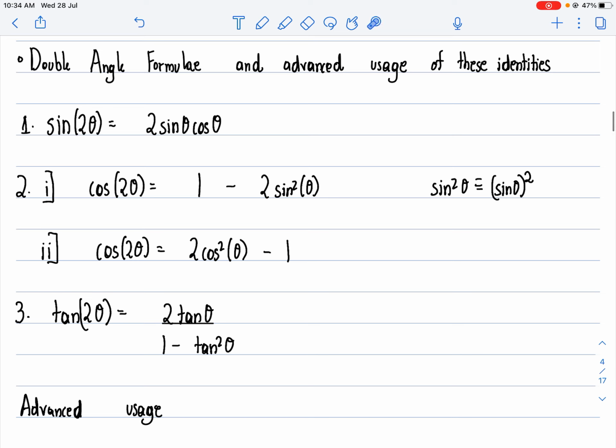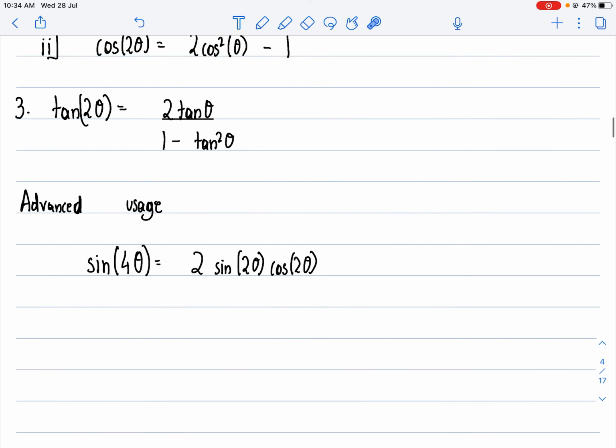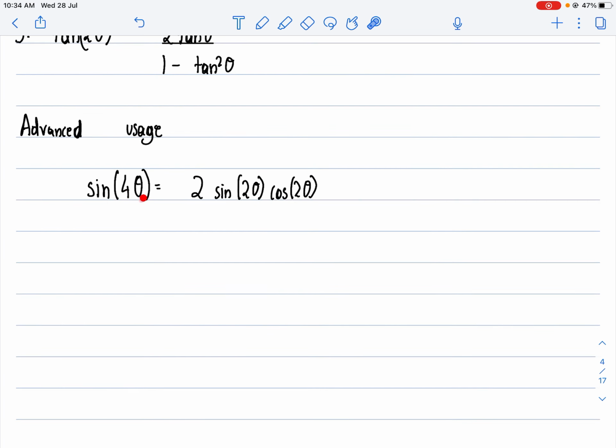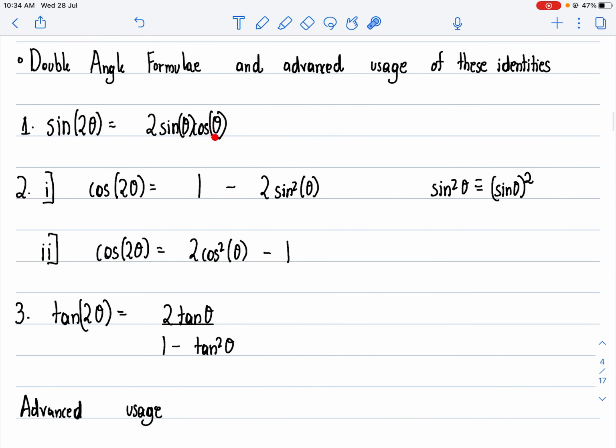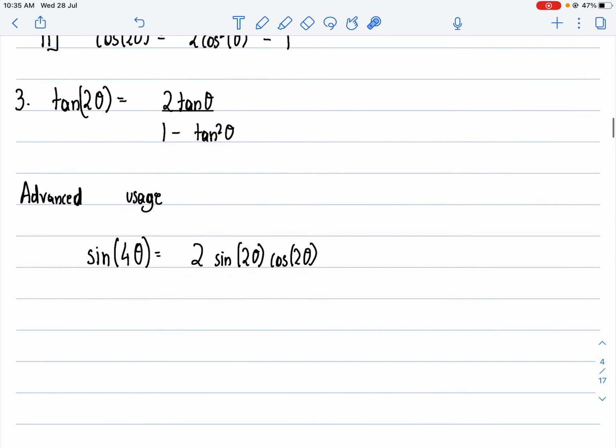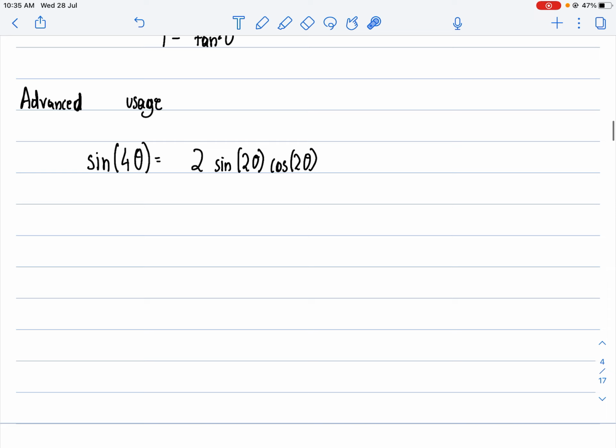If you see here, when I had 2 theta, I only had theta and theta. But now this 2 theta has become double, it has become 4 theta, correct? So even the theta and theta here will become double, which is basically 2 theta.